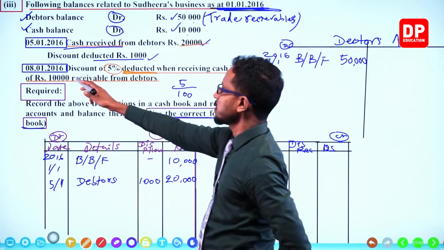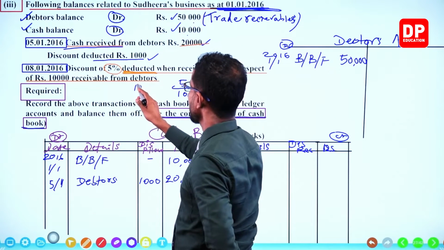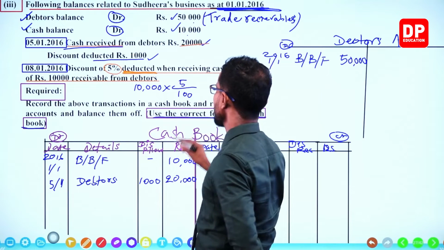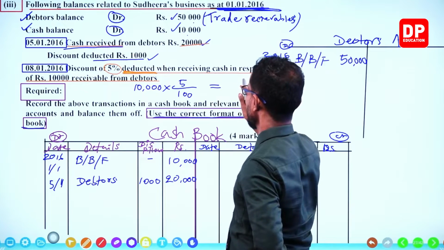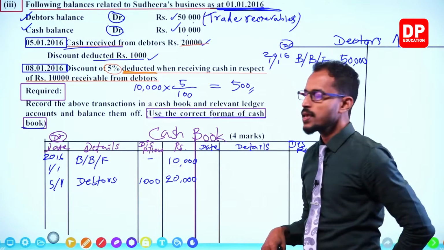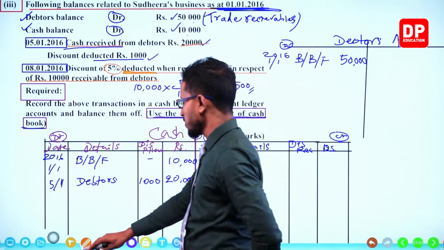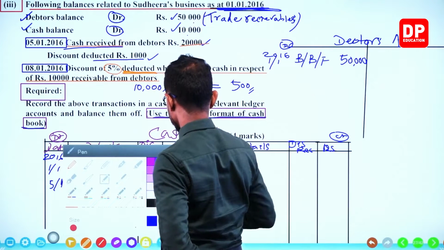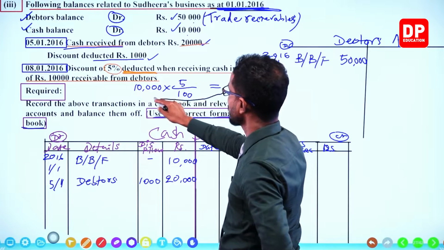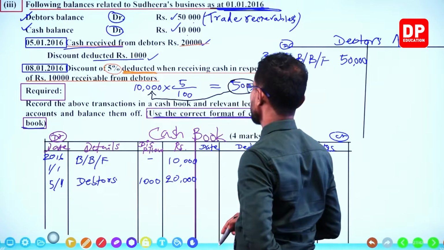Take the 10,000 receivable from debtors, 10,000 into 5 over 100. Answer is 500. Do your calculations and see. 500 must be deducted or subtracted from how much? From this 10,000.